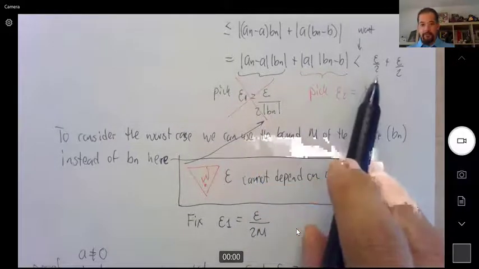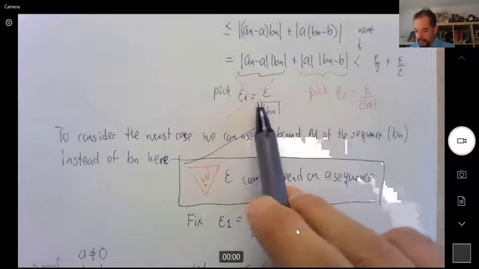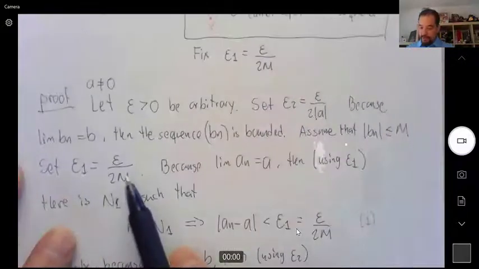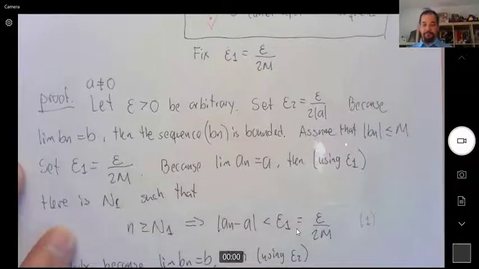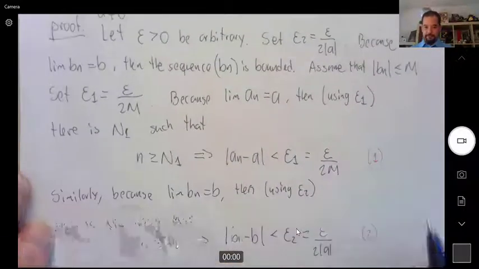So yes, epsilon 1 is for the a's, and it does involve the M, and the M comes from the b's. Thank you, that helps.